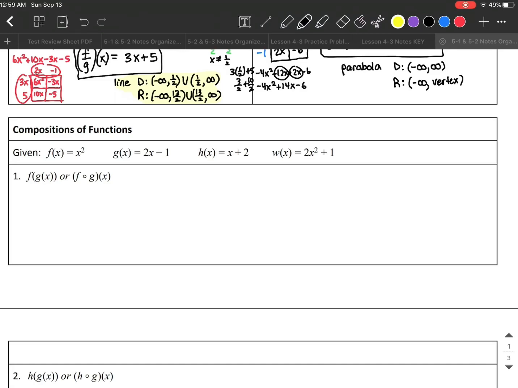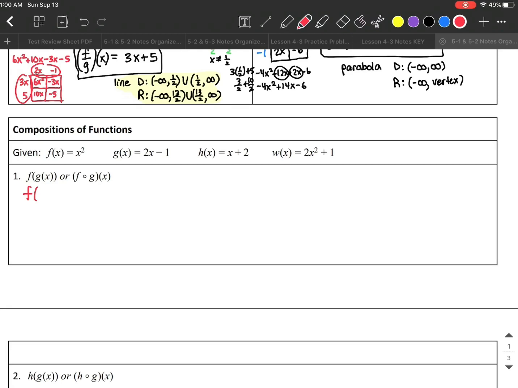Or I can write it in two separate ways, so it either looks like f circle g of x, with be careful and don't mess up that open circle with a multiplication sign, because this is not equal to f of x times g of x. What we're actually going to do is plug one function into the other. So for this first example, I have the two functions f of x and g of x, and I'm composing g of x into f of x. So I'm going to start with f of x.